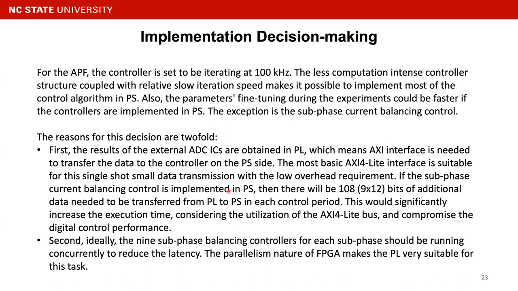Also, parameter fine-tuning during the experiment could be faster if the controller is implemented in the PS. The exception is the subphase current balancing control algorithm. The reasons to assign the subphase current balancing to the PL are twofold.